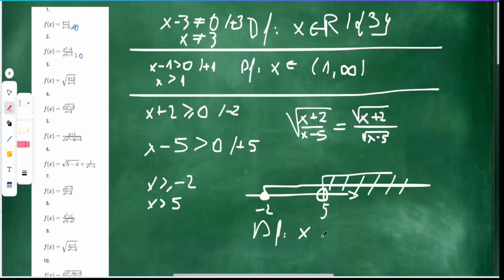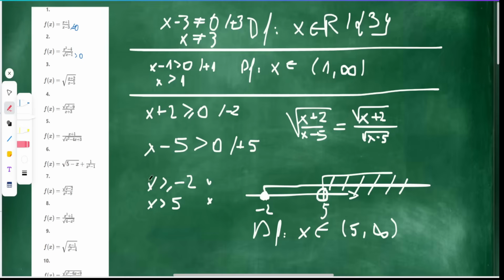That is the domain of the function, or all x belonging to the interval from open 5 to open infinity. Why open? Because 5 belongs only to this interval, and here it does not belong.